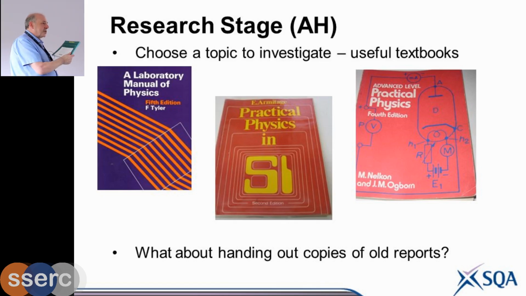In fact, there was a seller in Dunfermline offering some. And then there's Nelkon and Ogborn, Advanced Level Practical Physics. This is going towards my retirement fund, because when I checked this morning, it was like £186 a copy or something. But there are lots of other practical books out there.